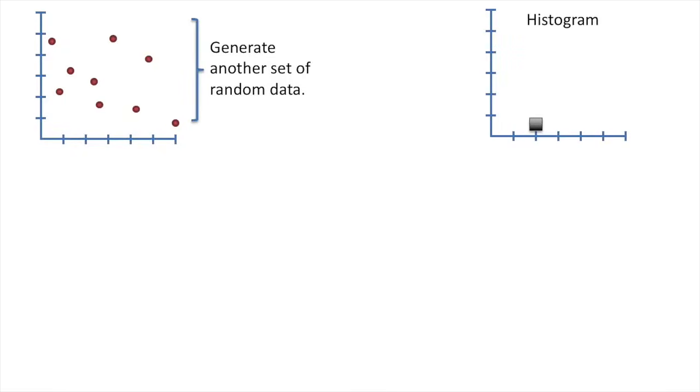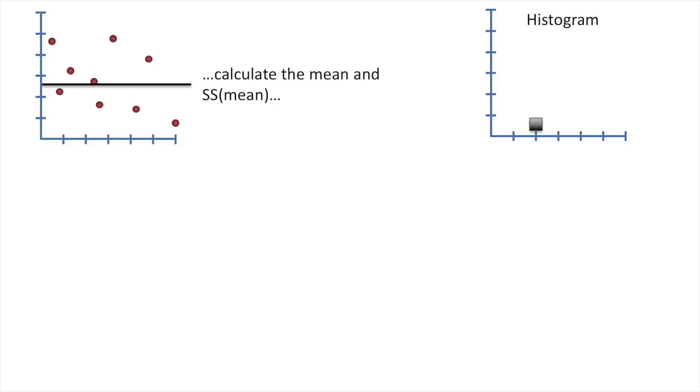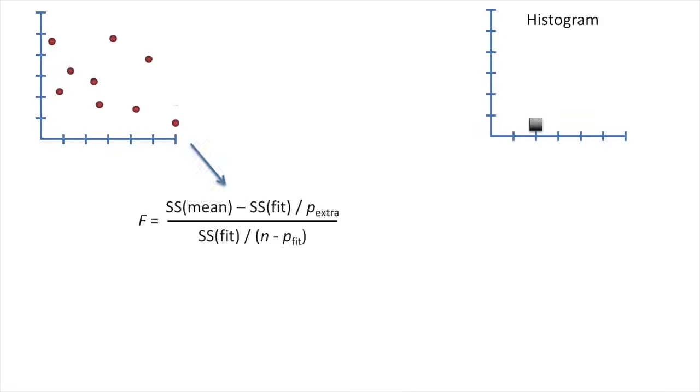Now generate another set of random data. Calculate the mean and the sum of squares around the mean. Then calculate the Pfit and the sum of squares around the Pfit. Plug those values into our equation for f, and in this case, we get f equals 3. So we then plug that value into our histogram.